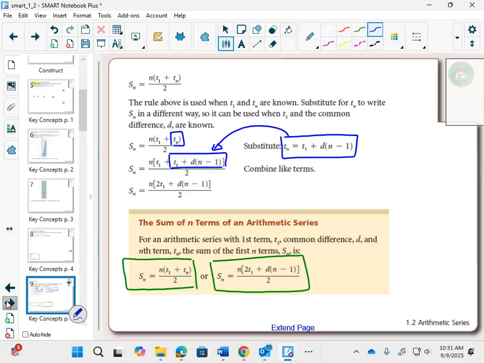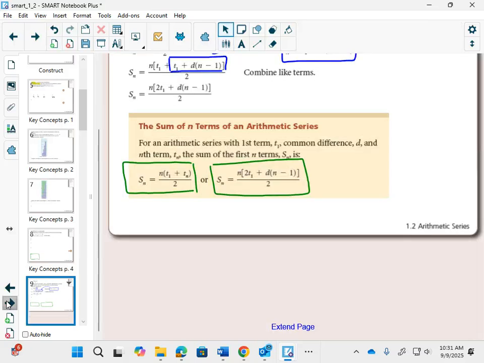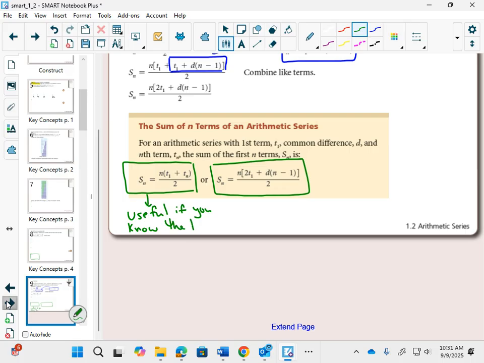Now, why would we want to do that? And you might want to put a note under here. This formula is useful if you know what that last term is.